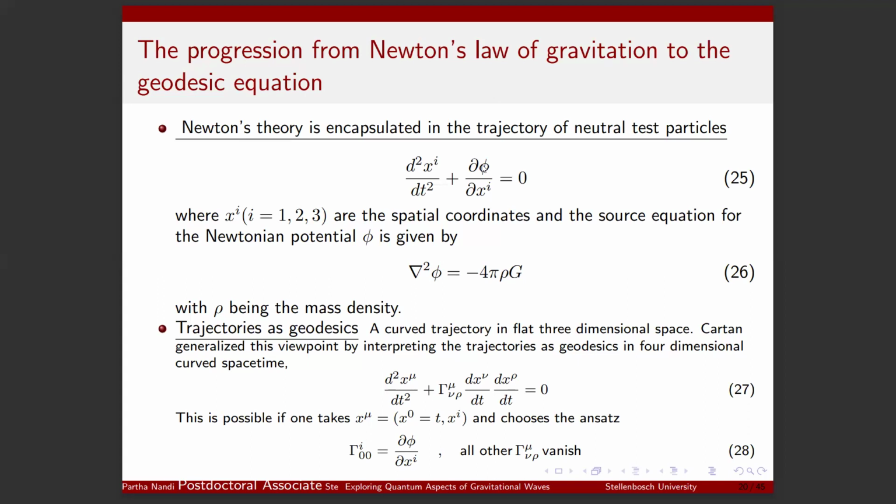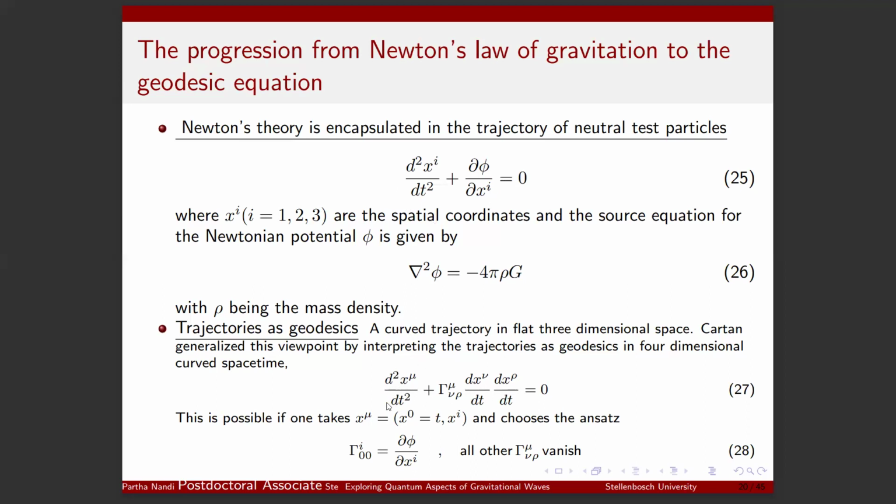The essential important object is the connection. So the point is that in order to reinterpret this equation of motion as a geodesic equation of motion in some curved spacetime, we now incorporate time also as part of the configuration space.